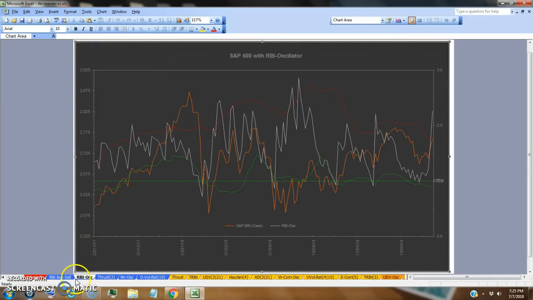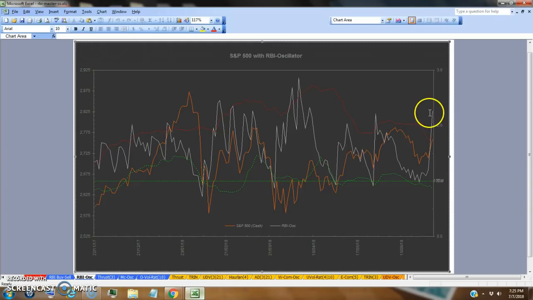So we'll start here. This is the RBI oscillator, the white line. The red line here is the S&P 500 on a cash index on a closing basis. So this would be the S&P 500 daily closes here. And then this is the oscillator here.